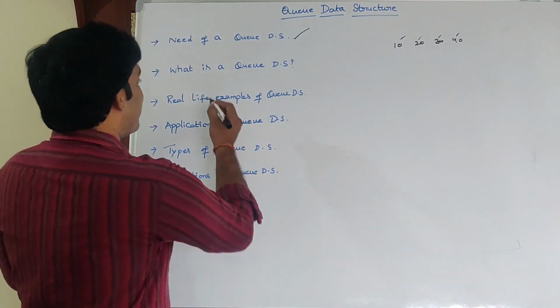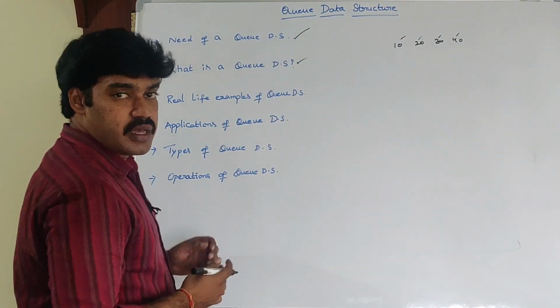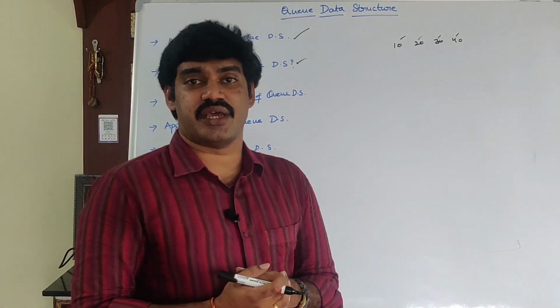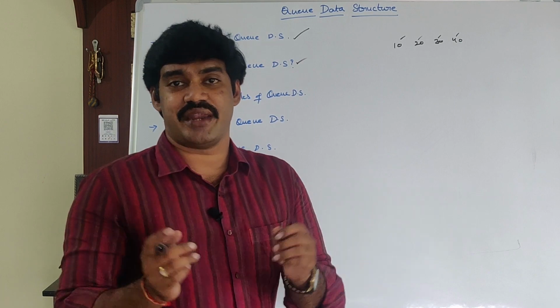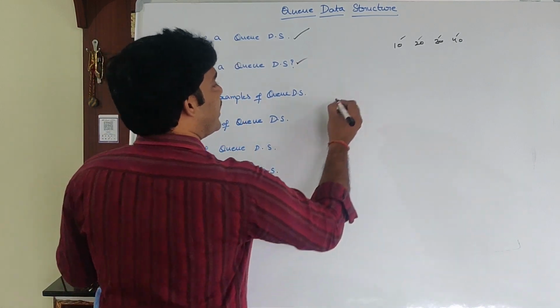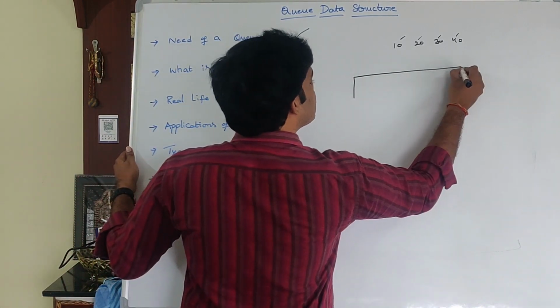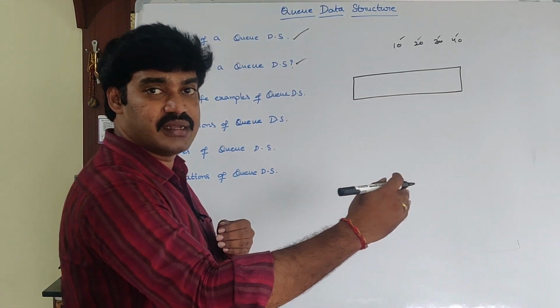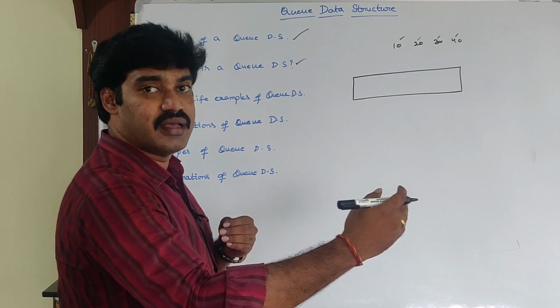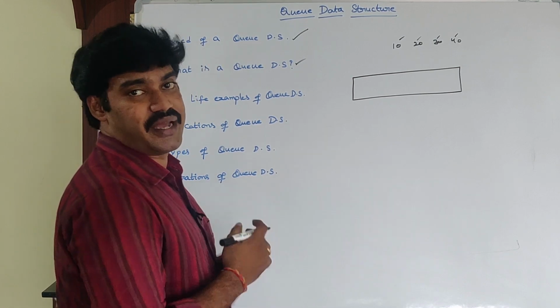Next, what is a Q data structure? Q is a linear data structure in which insertions and deletions are performed from different ends. Linear means the elements inside the Q data structure are stored in linear fashion, that means sequential fashion, that means contiguous fashion.